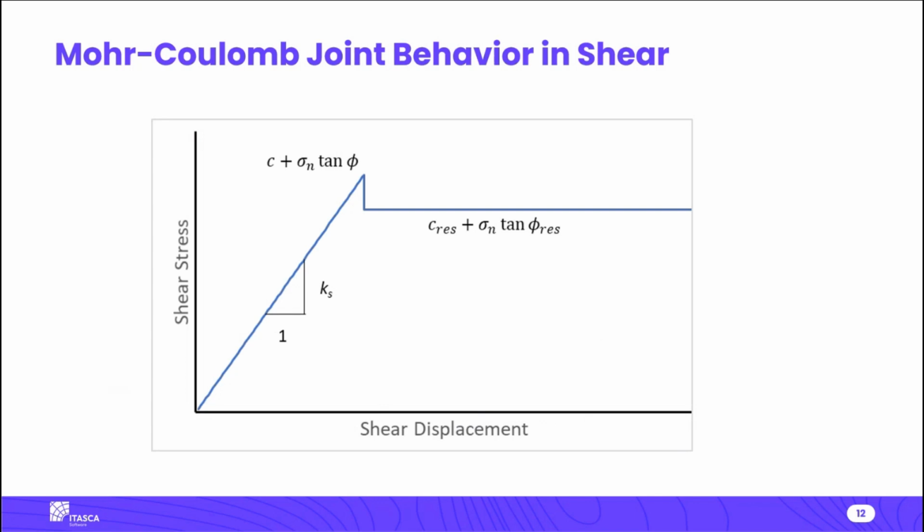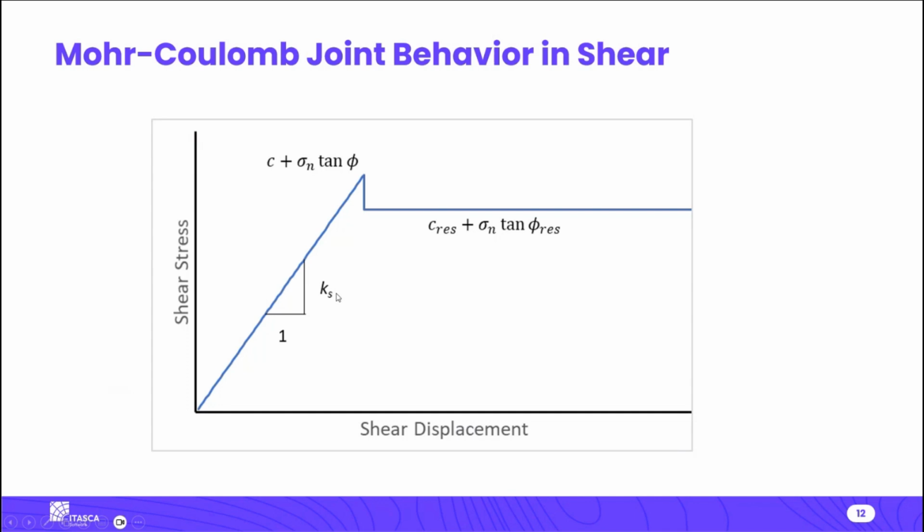Okay, so for the rest of this section, I'm just going to talk about Mohr-Coulomb behavior, because that is the one that is certainly most commonly used. So imagine you're loading up a joint in shear. There's some shear stress versus some shear displacement. You have to specify a shear stiffness.